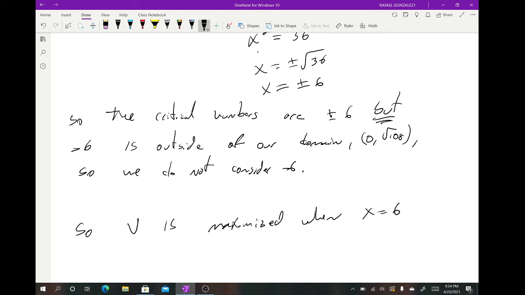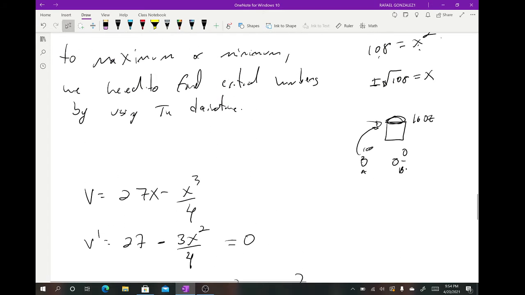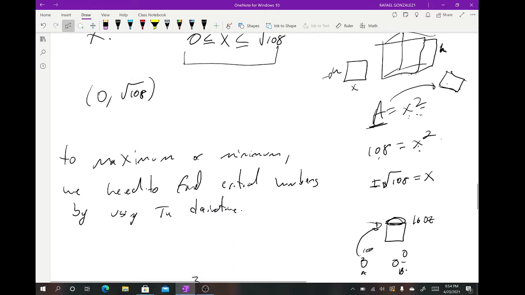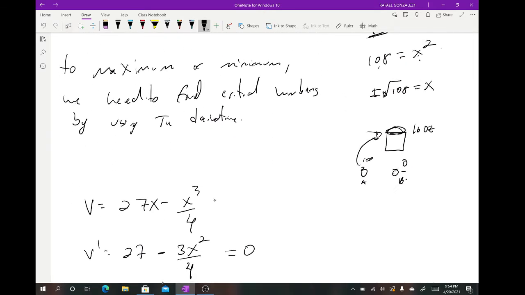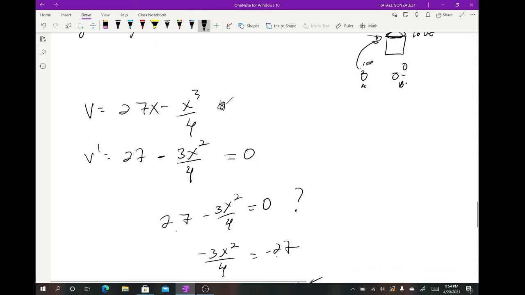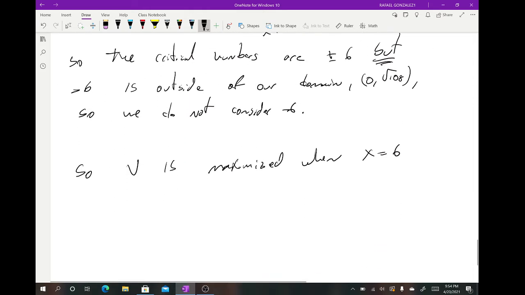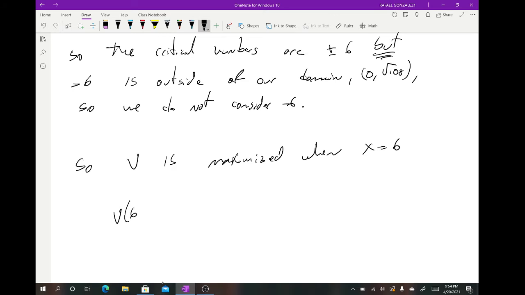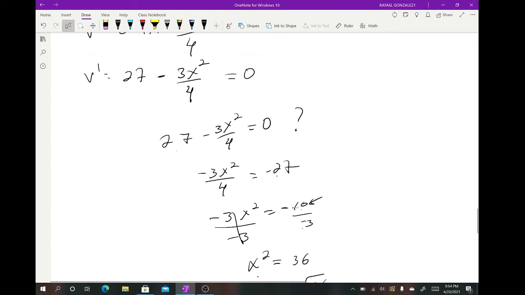Now, let's go back to the problem here. If x is equal to 6, then what is the maximum volume that we get? If x is equal to 6, we have volume at 6 is going to be 27 times 6 minus 6 cubed over 4.